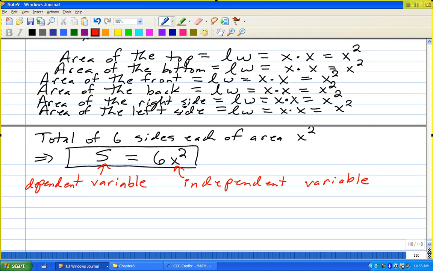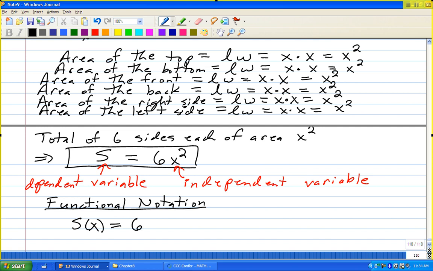And so we can write this in functional notation: the fact that my dependent variable depends on my independent variable by the relationship of 6x squared. And so the surface area is just 6x squared.